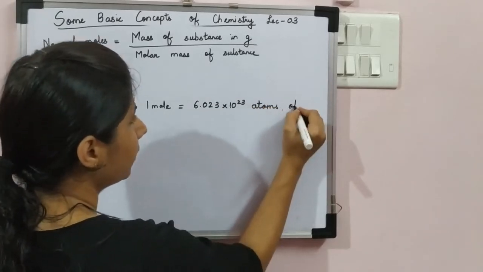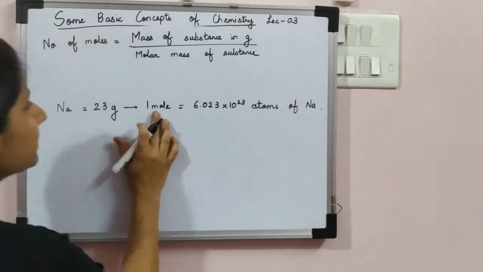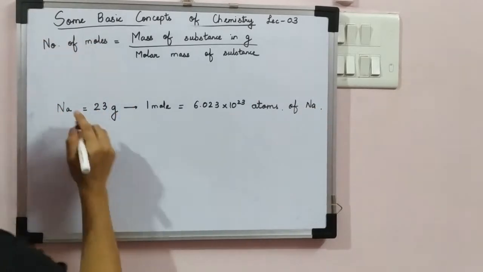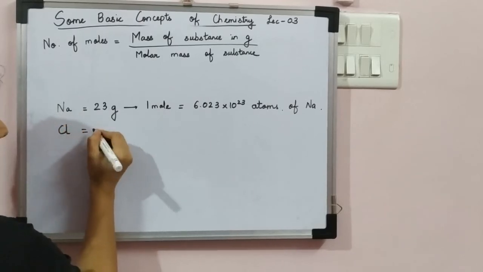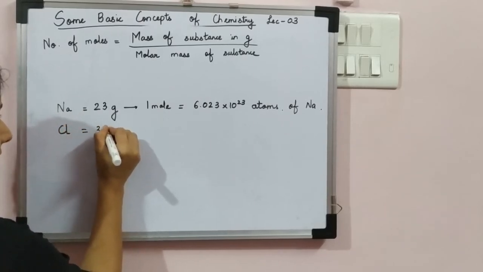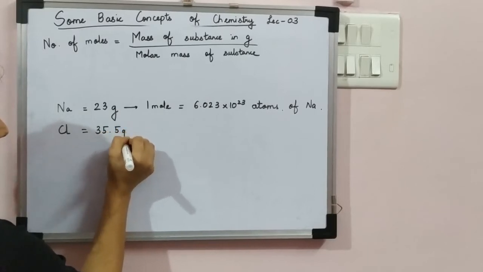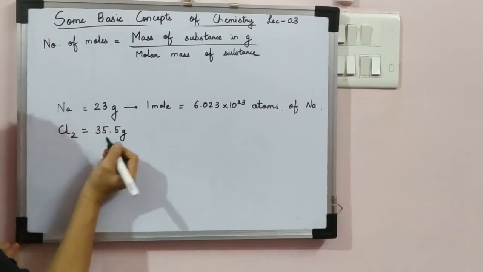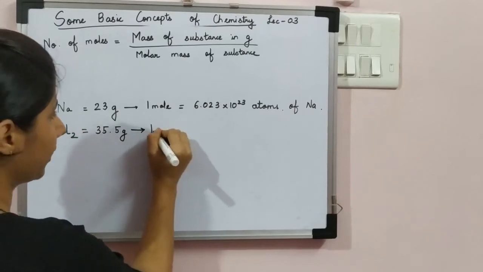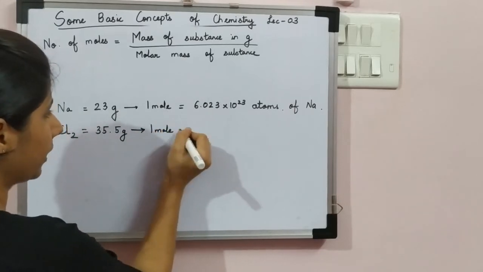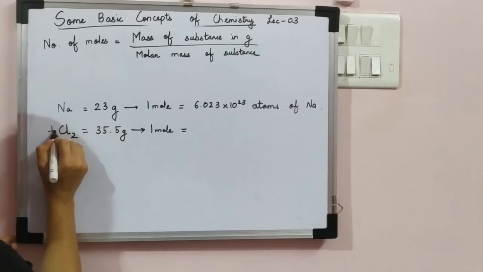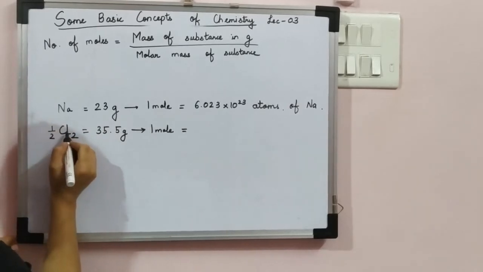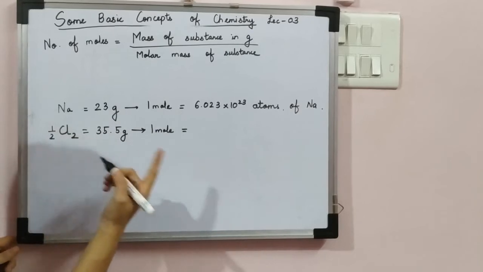So this is equal to 1 mole, and for gases, if I take chlorine atoms, 1 mole of chlorine atoms is 35.5 grams. Okay, but it exists as Cl2, so this will be 1 mole of chlorine atoms, or if I say half mole of chlorine molecules, right? I can say it that way.